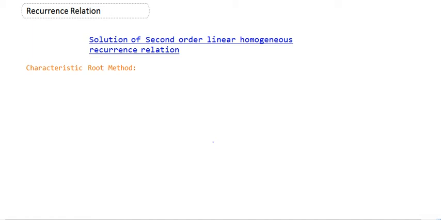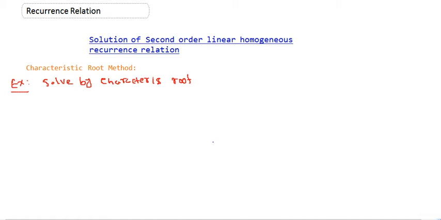So let's solve some problems. Let me start with some equations. Suppose you have to solve an equation by the characteristic root method. It is called the characteristic root method because we find the roots from the characteristic equation of the recurrence relation.